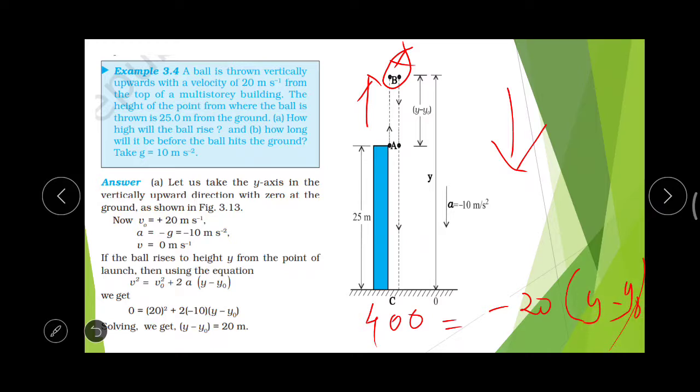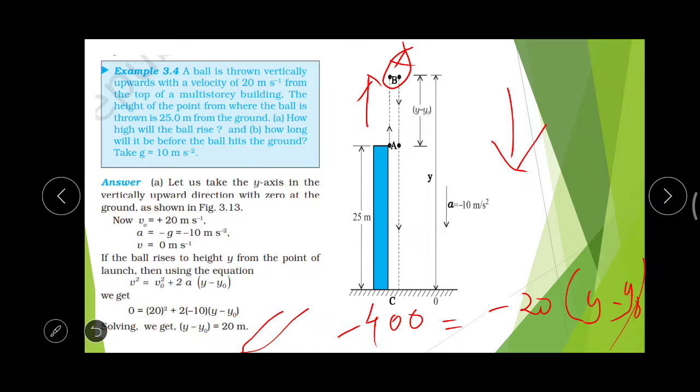You just want to find the displacement, not the direction, so you can neglect the minus sign if you want. So y minus y0 is equal to minus 400 divided by minus 20. Actually, when you take the 400 to the left hand side, minus 400 will be there. So minus 400 divided by minus 20 will become 20 meters. Okay, I think now you understood.